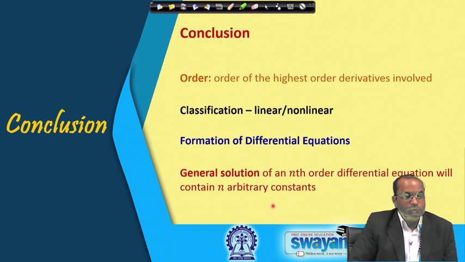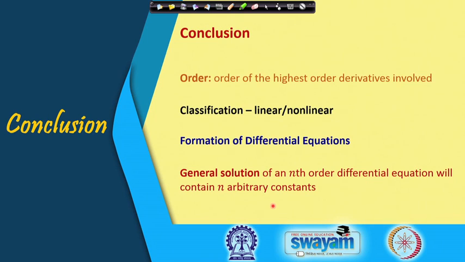So, with this we come to the conclusion now. We have defined the order and also the degree of the differential equation, and also some classification we have done, mainly based on whether the equation is linear or nonlinear. We have also seen in this lecture how to form a differential equation out of a given n parameter family of curves.